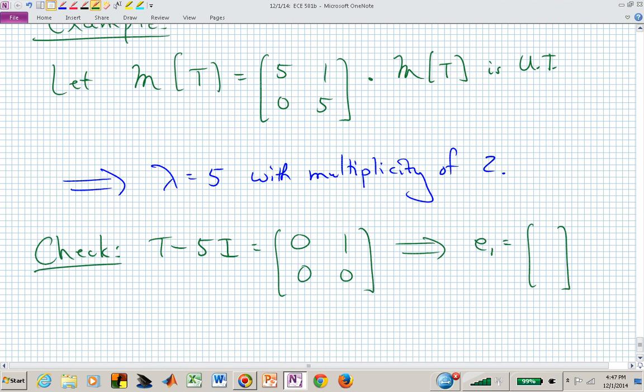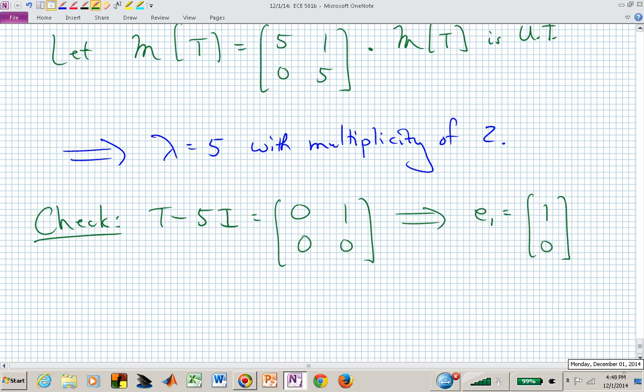The second coordinate of the vector e1 has to be 0 based on the first row. And because the first column is all zeros, the first coordinate in e1 can be anything, and let's just normalize it so that we get 1. And that's the only eigenvector associated with this linear operator T.